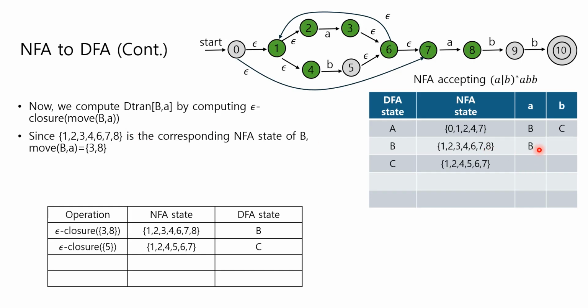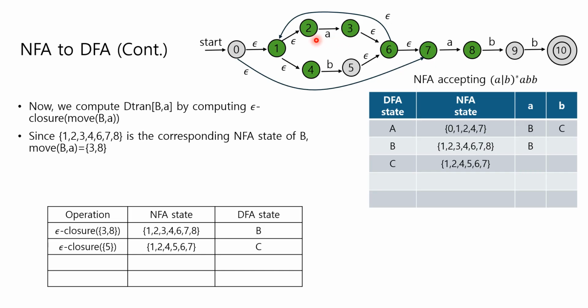Same as earlier, first we check the NFA states of DFA state B, which are 1, 2, 3, 4, 6, 7, 8, and let's find out the states to which there's an input symbol a from some state in the NFA state of B. If we look at the input symbol a, states 3 and 8 are the states to which there's an input symbol a from some state.